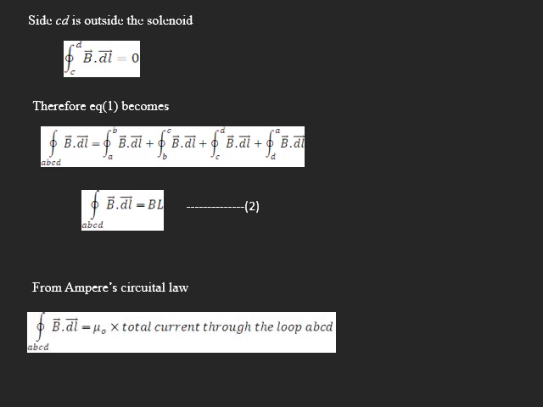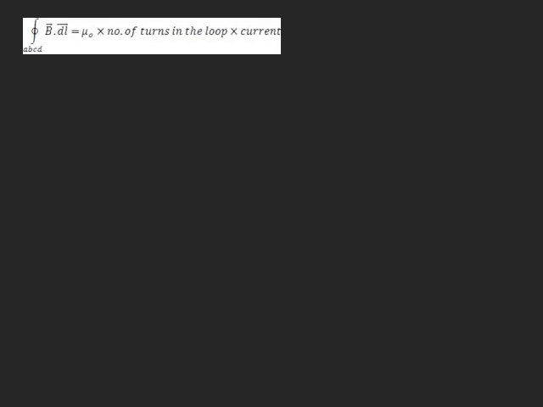Now, we know the formula for our Ampere's circuital law. Ampere's circuital law states that the line integral of magnetic field over a closed loop is equal to mu naught times the total current through the loop. So here, mu naught into total current through the loop ABCD is what we have considered. So integral B dot dl for the complete loop ABCD is equal to mu naught into the number of turns in that loop ABCD into the current.